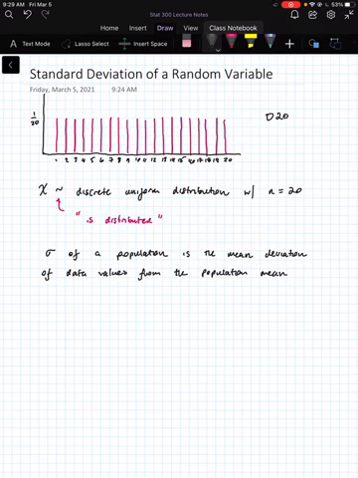And when we're doing this, we always have to take the mean first and then calculate sigma.